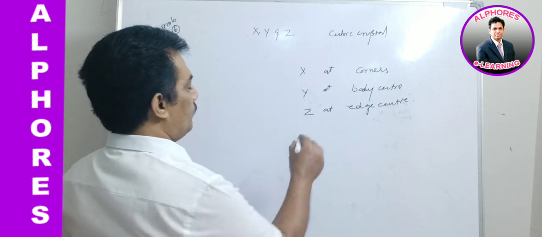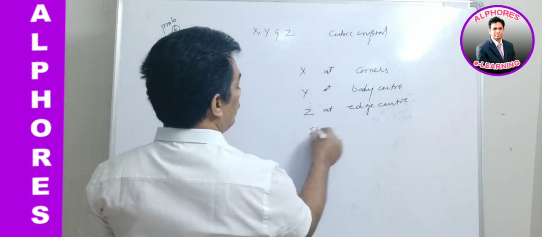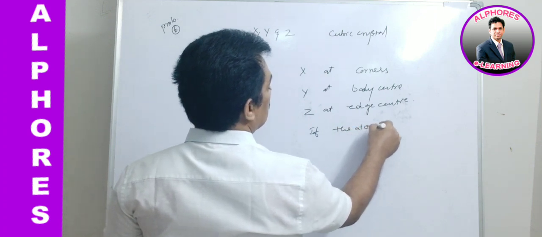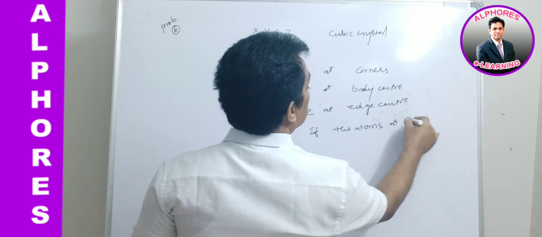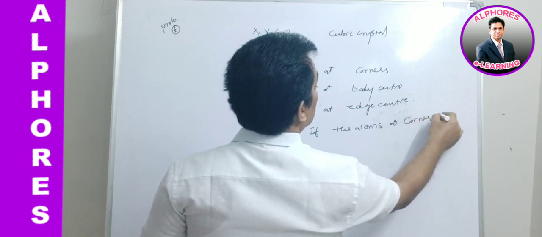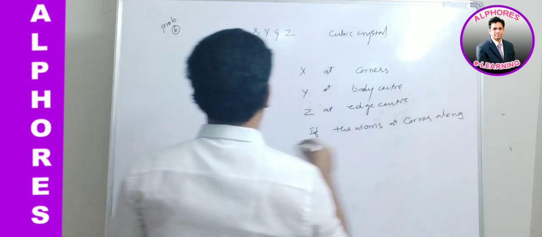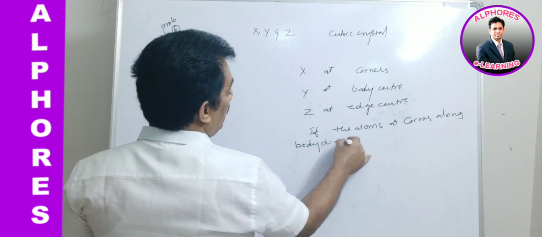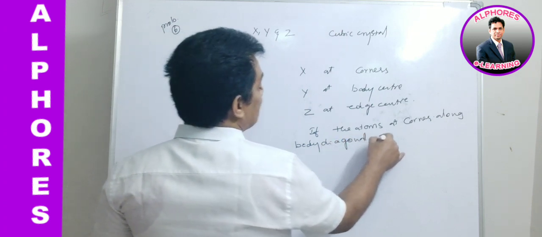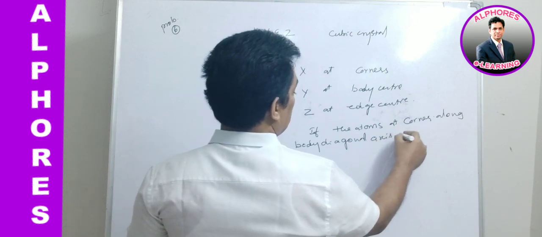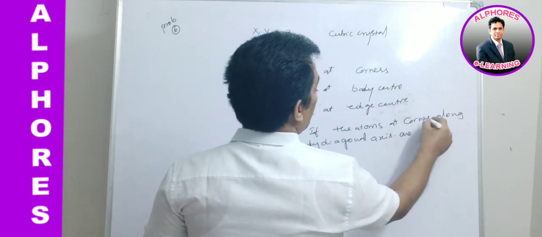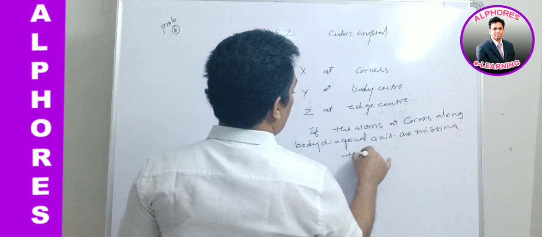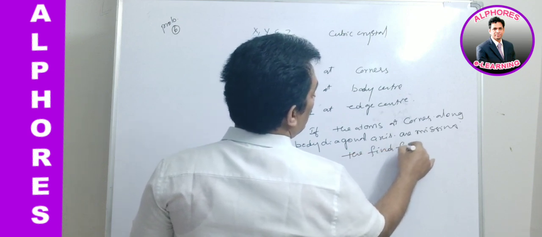Then they are giving the condition, if the atoms at corners along body diagonal axis are missing, then find formula of compound.